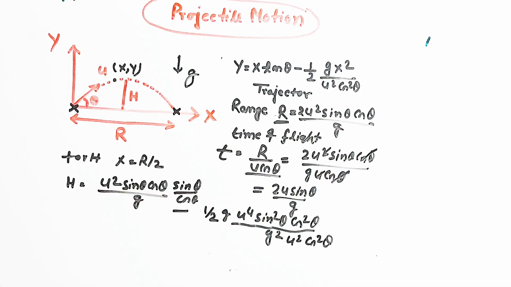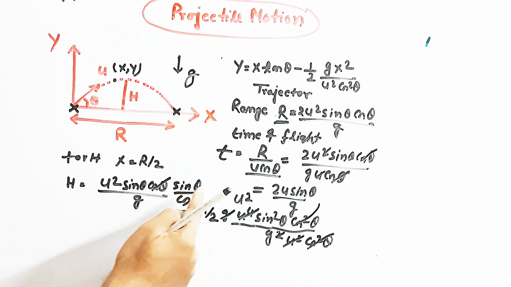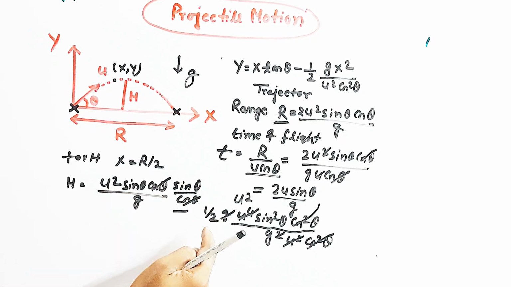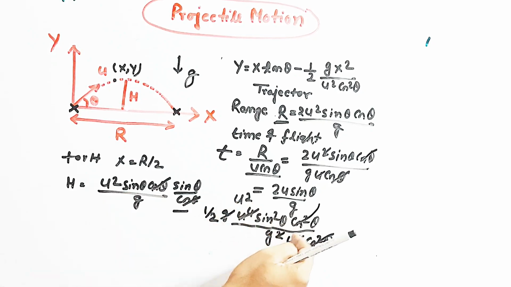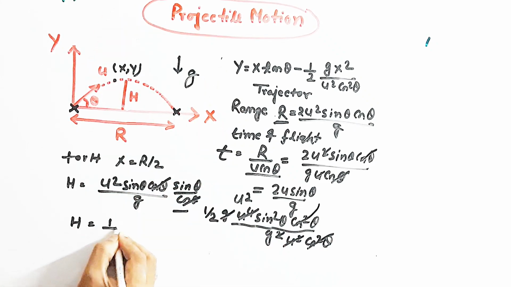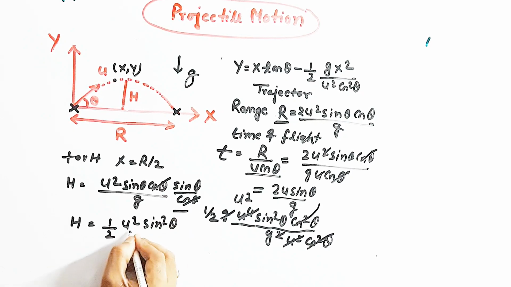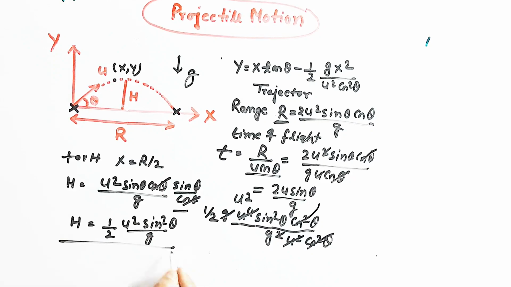The cos square theta cancels, and u power 4 converts to u square. So the same term you get: u square sin square theta by g. Here the capital H will be half u square sin square theta by g. This is the maximum height.